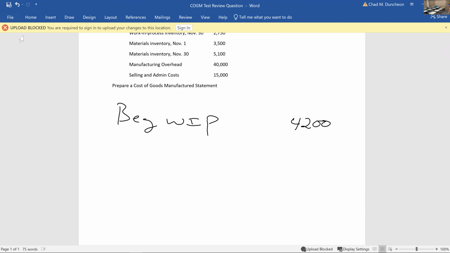From there, we got to start adding in our product costs. All right. So our first product cost is direct materials. Did you have a question or are you just pointing? I'm just pointing. Okay. Right, so then we start with our materials. We don't know how many materials we use, so we have to calculate that, right? So we start with our beginning raw materials inventory, plus purchases.